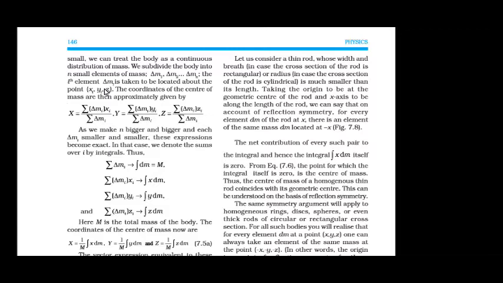We subdivide the body into n small elements of mass, that is delta m1, delta m2, delta mn.